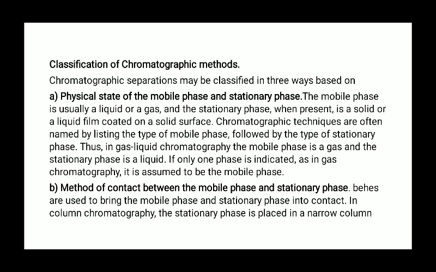Chromatographic techniques are often named by listing the type of mobile phase followed by the type of stationary phase. Thus, in gas-liquid chromatography, the mobile phase is a gas and the stationary phase is a liquid. If only one phase is indicated, as in gas chromatography, it is assumed to be the mobile phase.